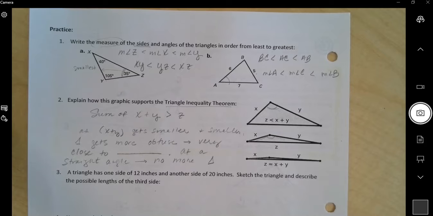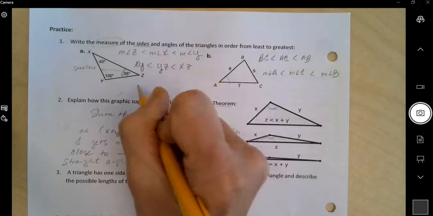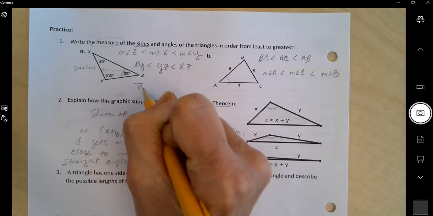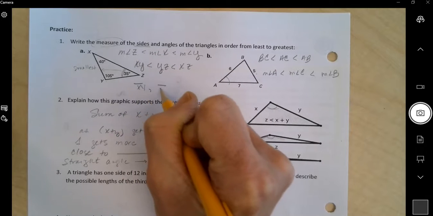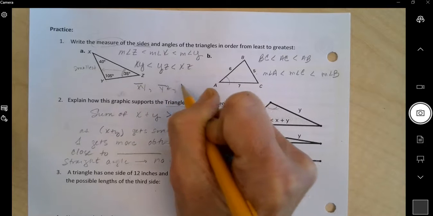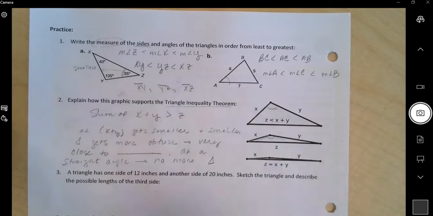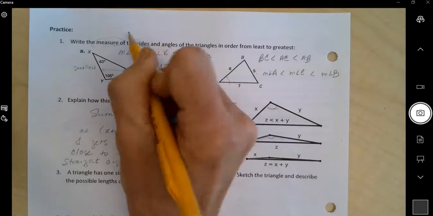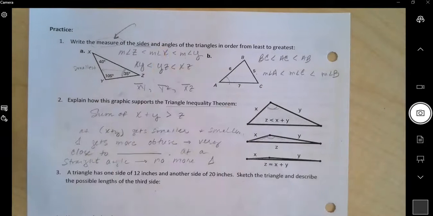Is that okay or not? So if you wrote it as segments, it's got to be segment XY, comma, segment YZ, comma, segment XZ. Truth is though, because this asks you about the measures, the better answer is to keep it in numerical values. Any other questions?